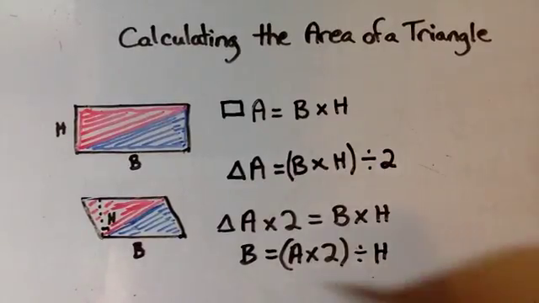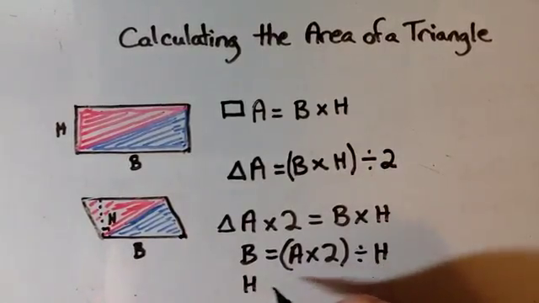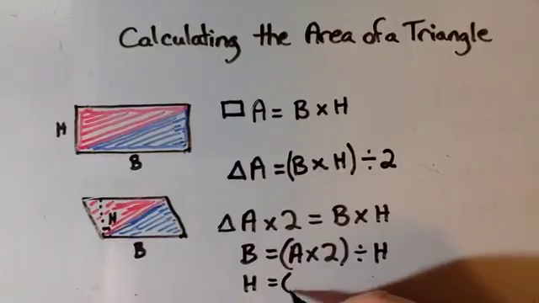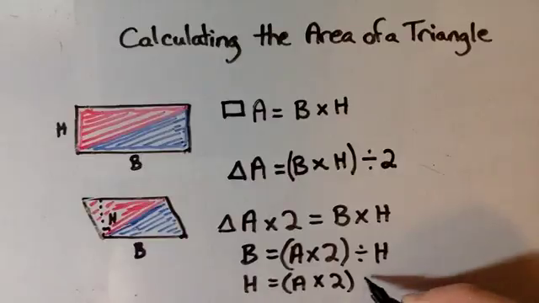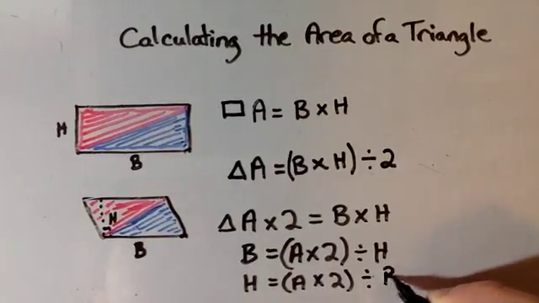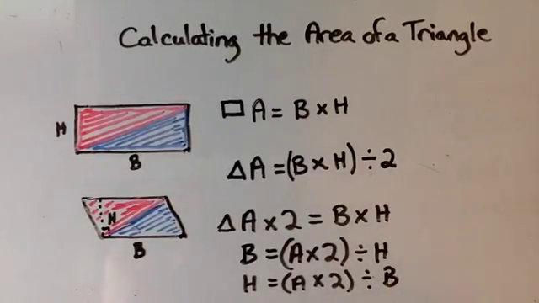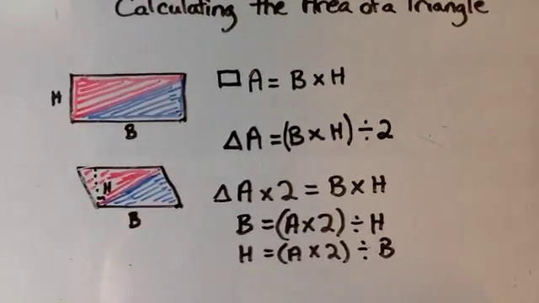Or just as easily, we can say the height is equal to the area times 2 divided by the base. That relationship holds for any of those situations. Hopefully this information will be useful for helping you find the area of triangles, as well as, if you have the area, finding the length of their base or their height.